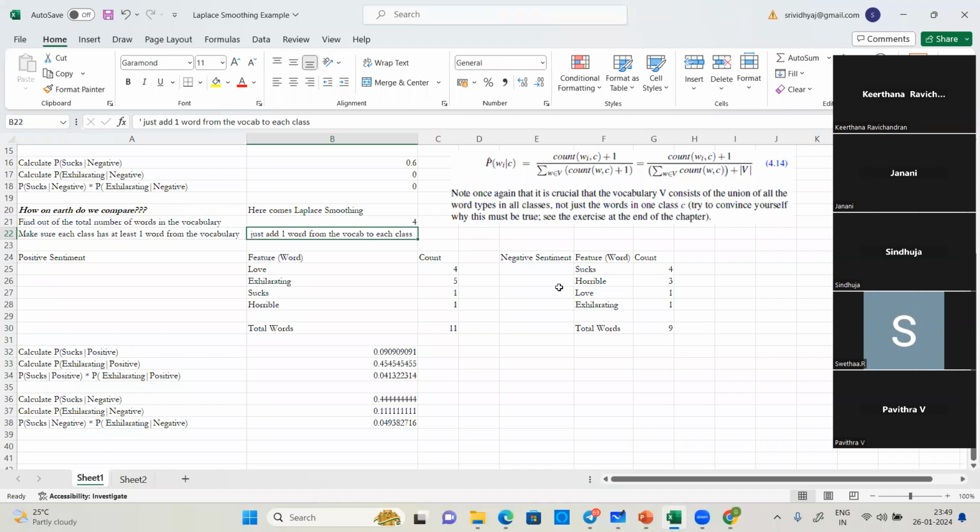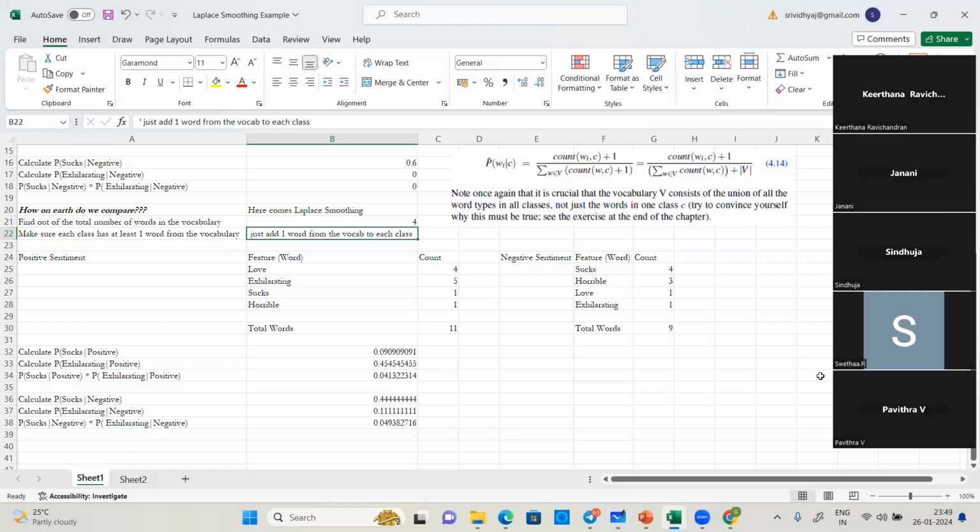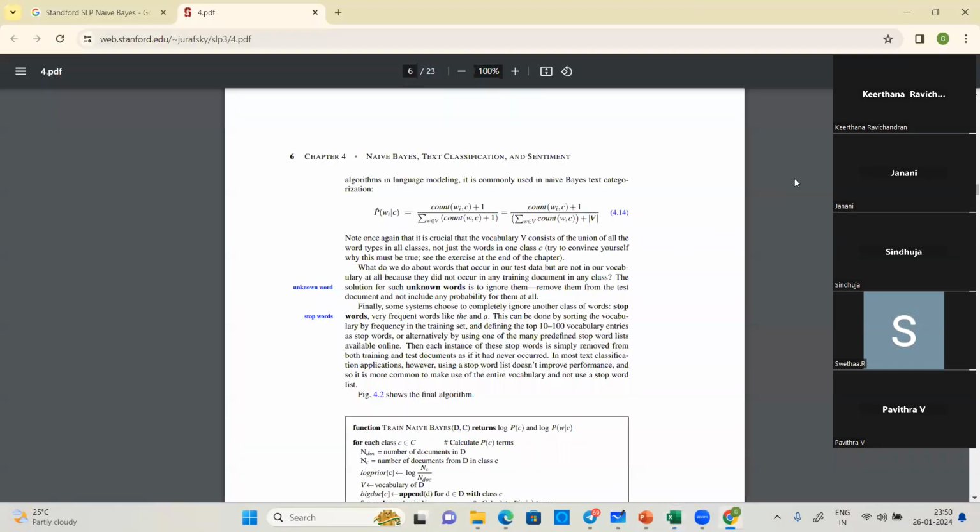VC, I do have a question. Go ahead. In the given example, we have classified into two classes, right? Positive and negative. Correct. So we are calculating the probability of positive given the document as well as the probability of negative given the document. Whichever is higher, we are assigning to that particular class, right?